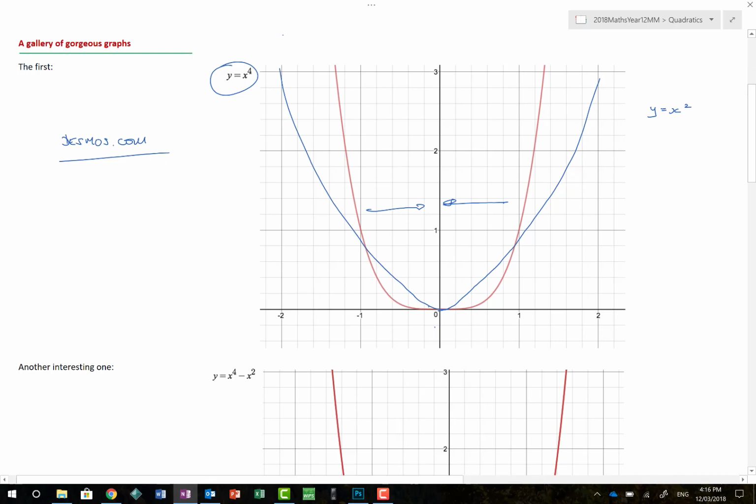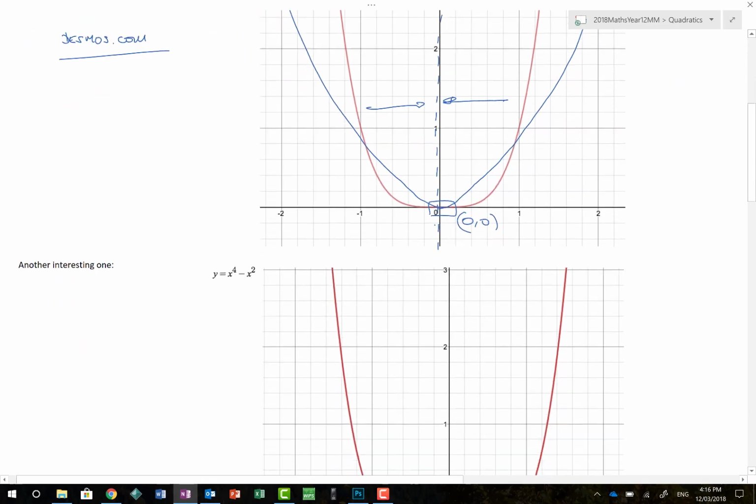We notice they share the same minimum point in this situation, centered around the origin. We said it was symmetrical around that line there, which is the y-axis, or the line x equals 0. And it is a pretty funky graph. That's important for us to remember.